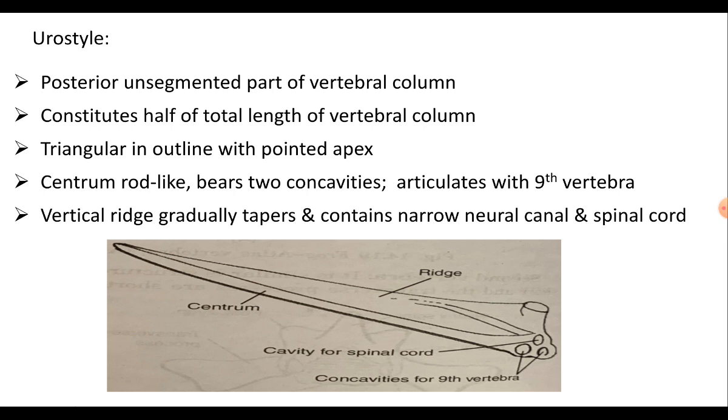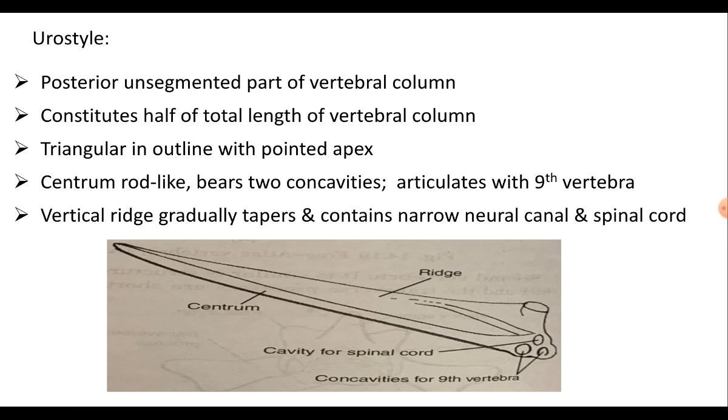On the dorsal side, it has an elevated prominent structure called the keel or the ridge, which extends nearly up to the posterior end. In the urostyle, the centrum is rod-like and bears a pair of concavities on the anterior face for the articulation with the ninth vertebra.